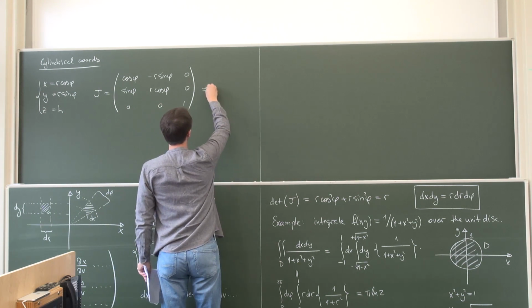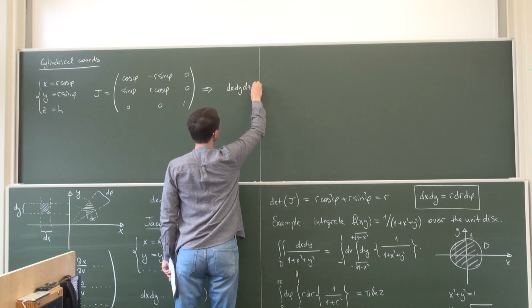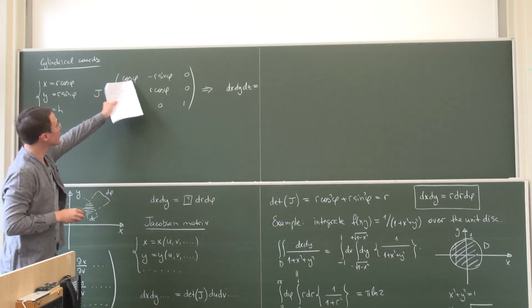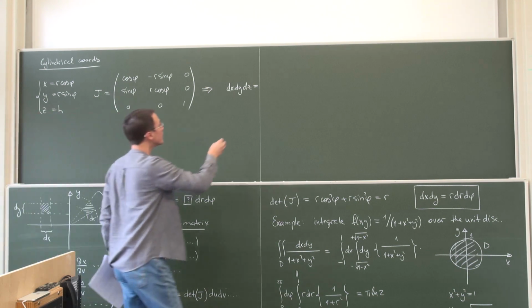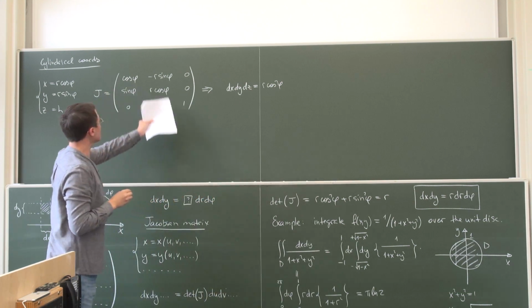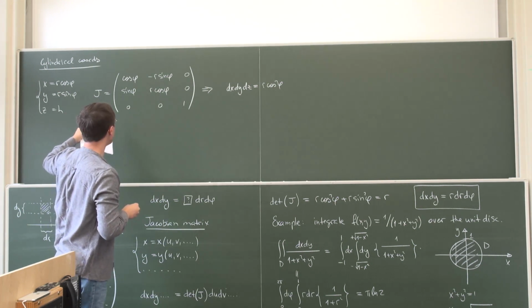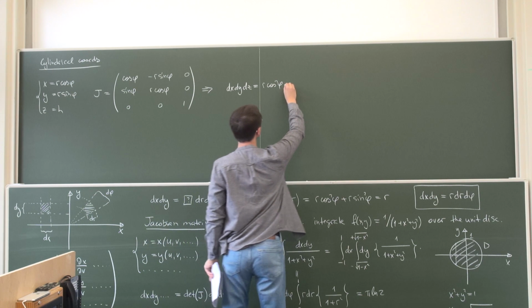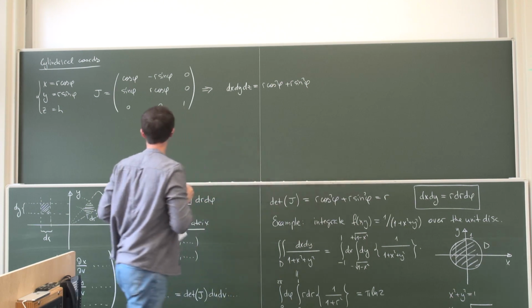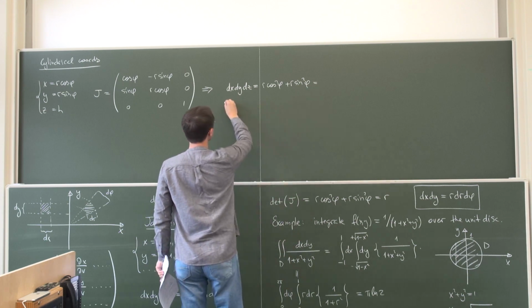So then it follows that dx, dy, dz is, okay, let's calculate the determinant of this. It's that, so r cosine squared phi plus 0, then 0 minus that, so r sine squared phi, and then that is 0, and that is 0. So this is actually exactly the same.